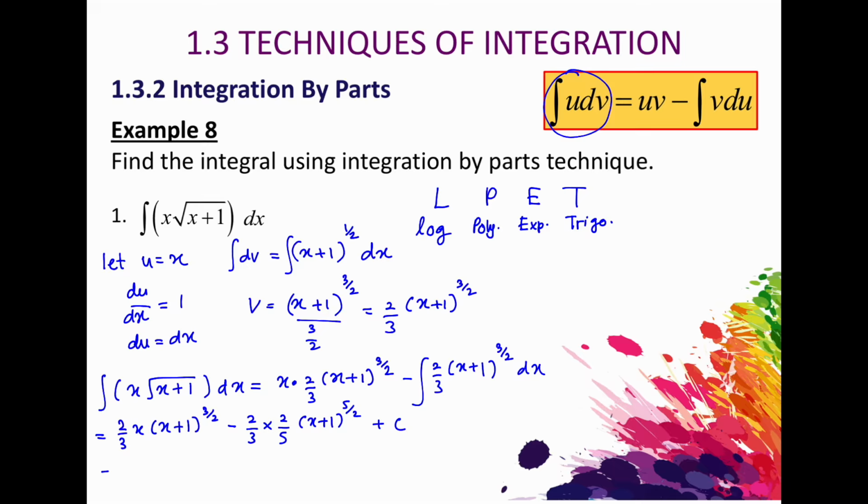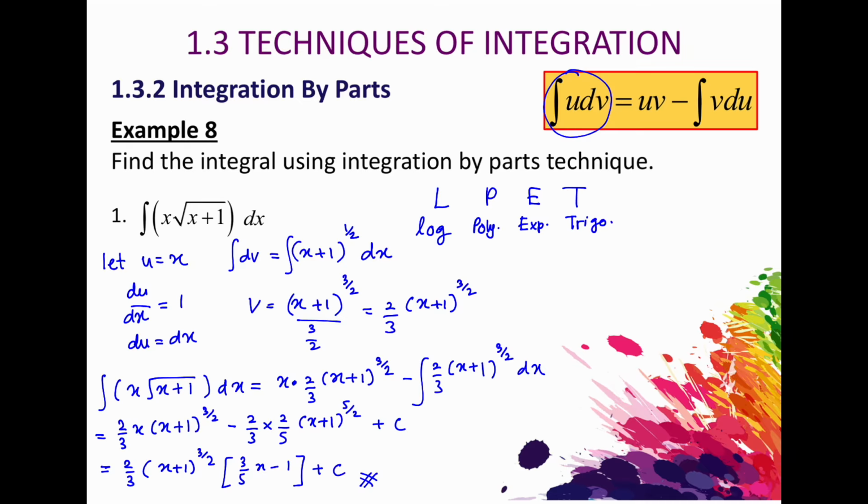And then rearrange everything. We get 2/3 times (x+1) to the power of 3/2 bracket 3/5 x minus 1 plus c. So now that's done for question 1.